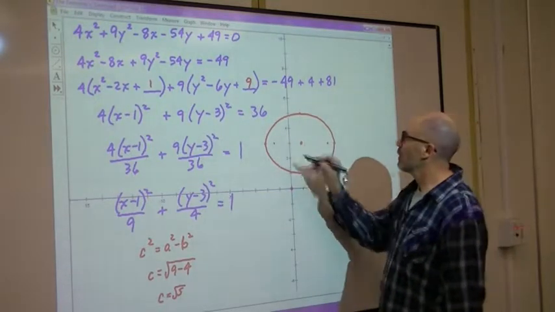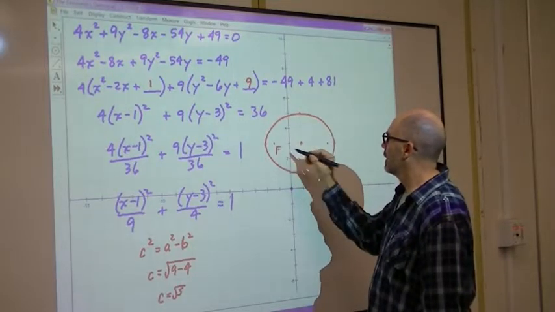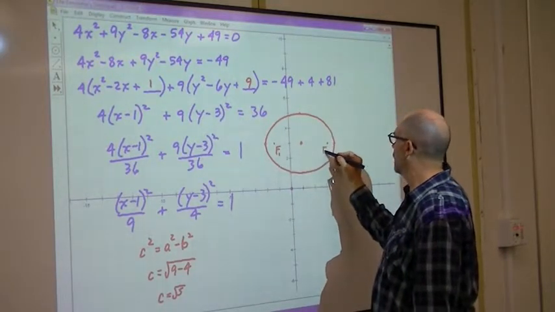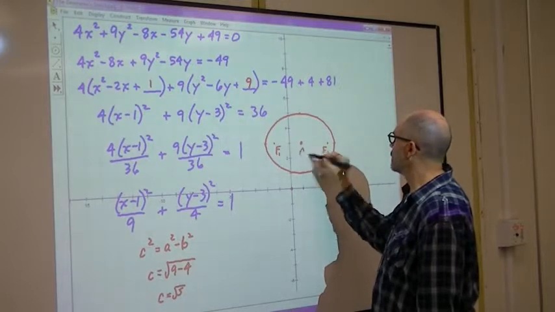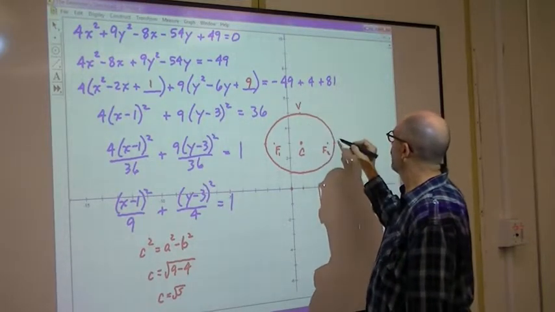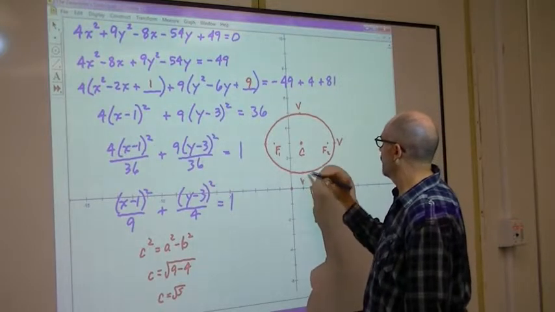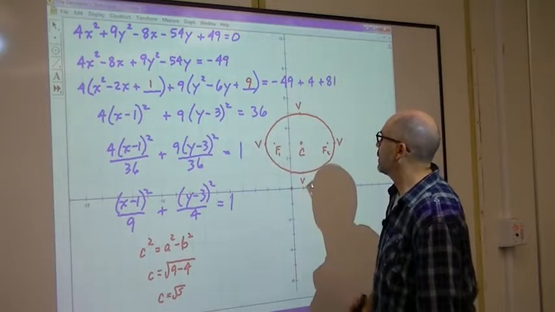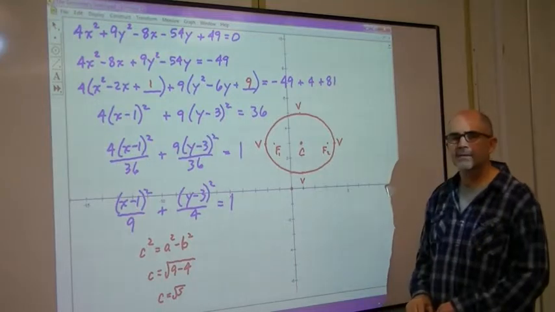So here are the foci. There's our center, and then we've got vertices around there. That's it.